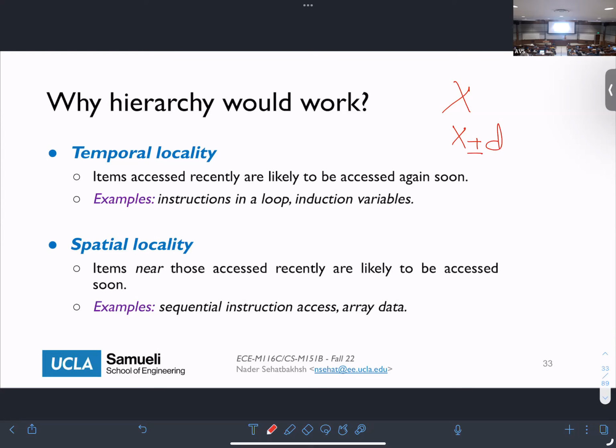And this is mainly because of the way we write our programs and our arrays. We really like to read things from an array or a matrix, and matrices are indexed from some base, right? So we are usually doing base plus 1, plus 2, plus 3, plus 4, and so on and so forth. So spatial locality is basically saying that we can predict that we're going to use this kind of array-like behavior.